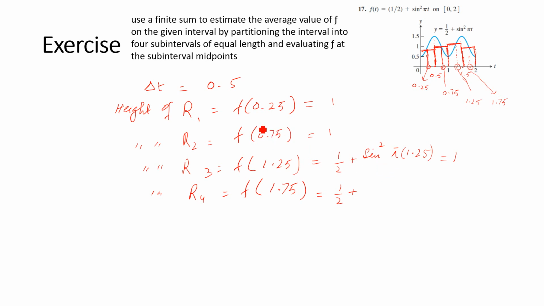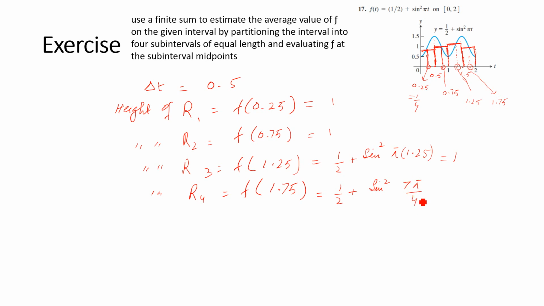This is the decimal form, and you can write the points as fractions, like 0.25 as 1/4, so that you can find the multiples of pi in order to find the sine. So let me write it in that way. This will become 1/2 from the formula, and 1.75 is actually 7/4, so sine square 7 pi by 4.